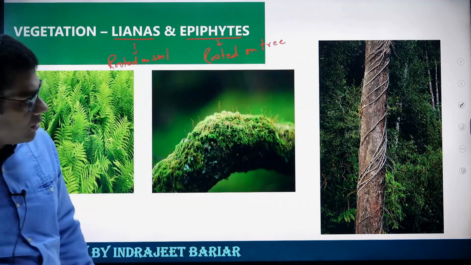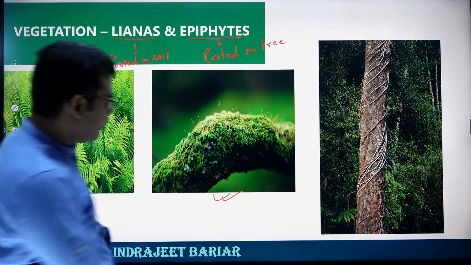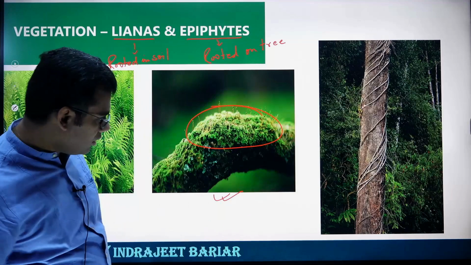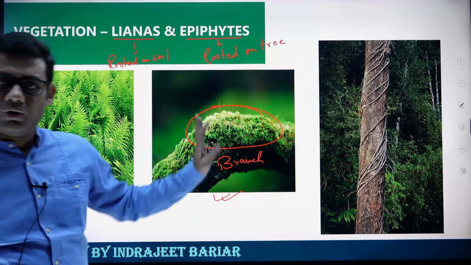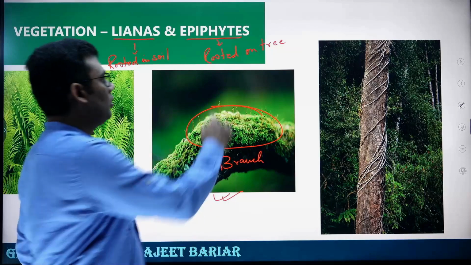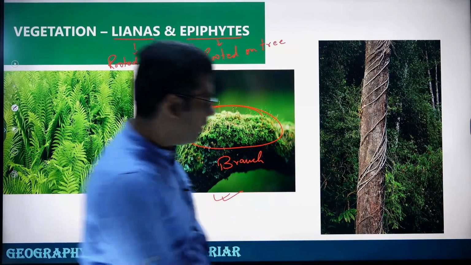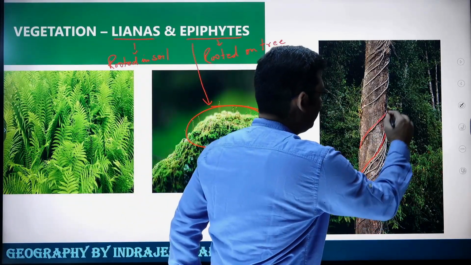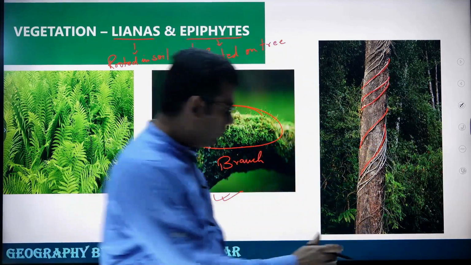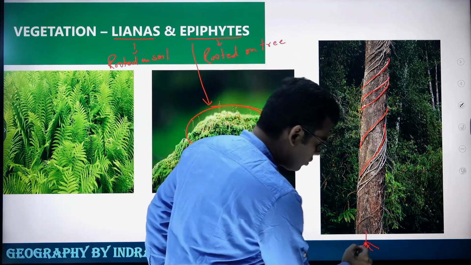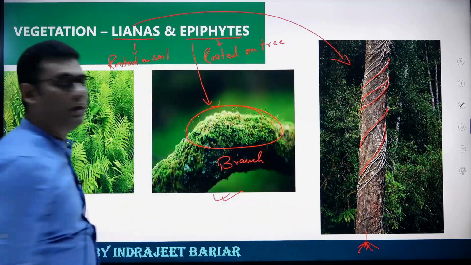So over here in this scheme, take for instance this particular picture. You can see this vegetation growing over here. It is rooted onto the branch of the tree only. This is the branch of the tree. So this is rooted on the tree only, and it belongs to the category of epiphyte. On the other hand, in this particular example, I can see these climbers around this tree, moving upwards, but they are rooted in the soil. And so these belong to the category of lianas.